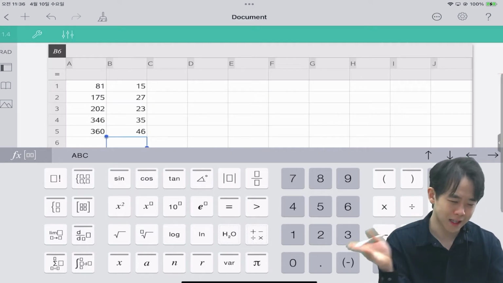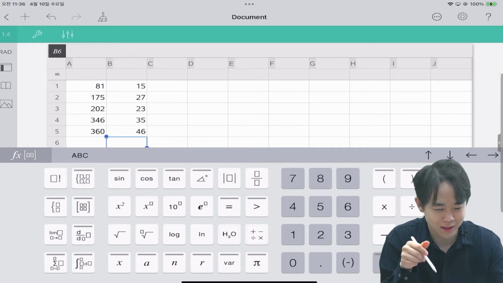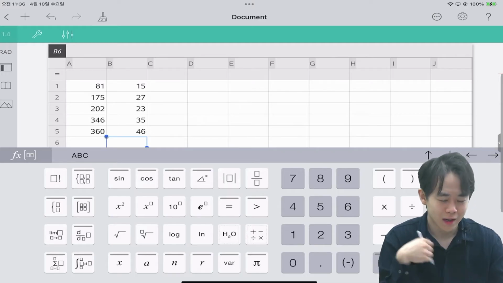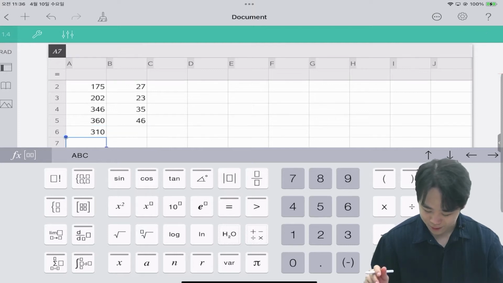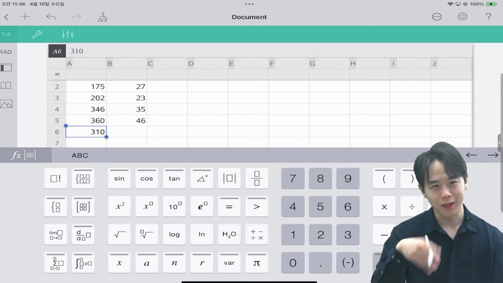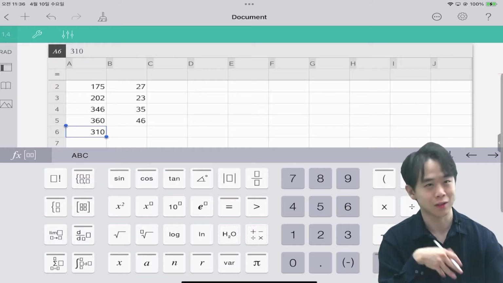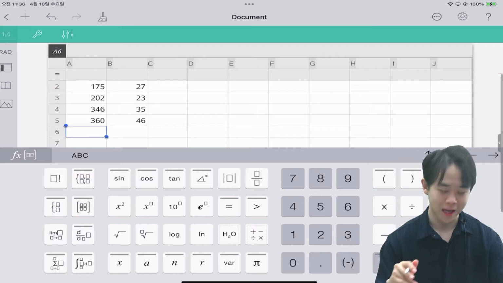Note that even though we had an additional number, when it's 25 degrees we get 310 children, we don't put 310 on here because that's not a data point. That's what we're trying to predict. We're trying to predict the sixth data point: when there are 310 children, what's the number of ice creams sold? We're not using that to build our model.